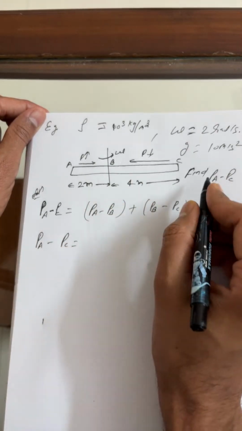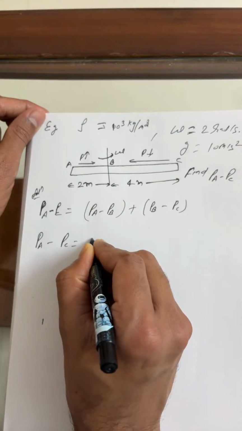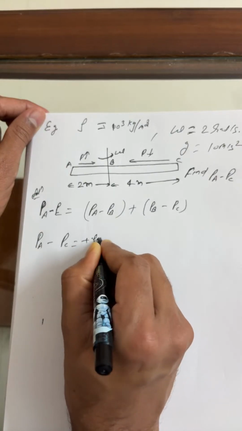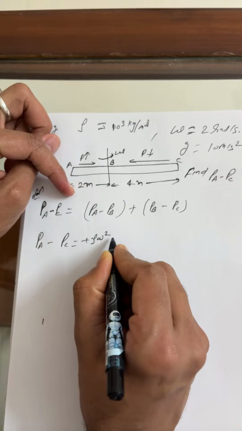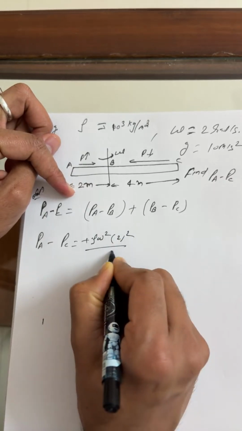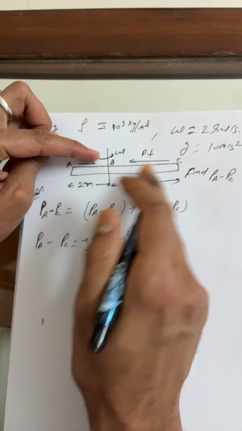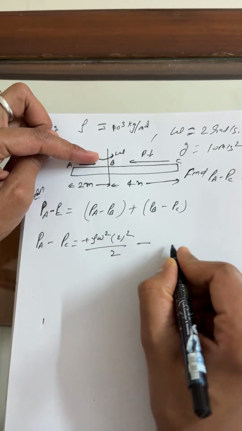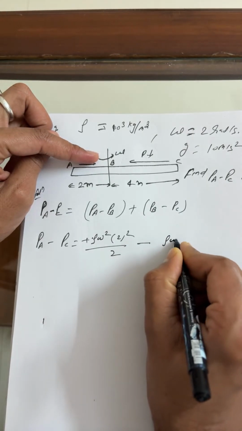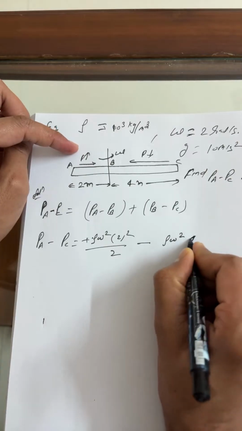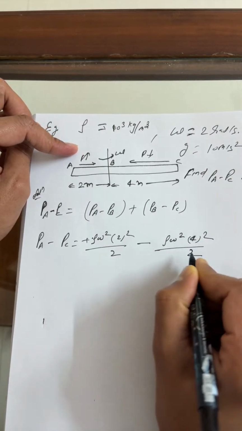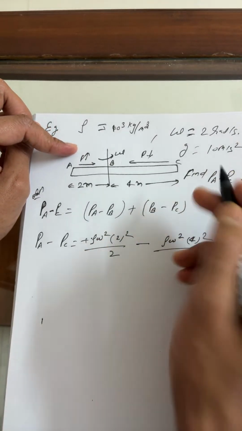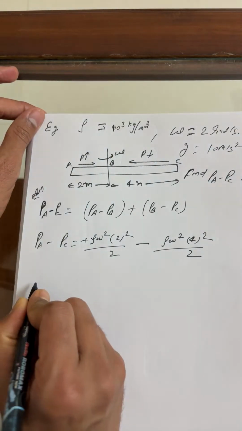So pressure at A, I'll write, is plus rho omega square into 2 whole square by 2, minus, this is decreasing pressure, rho omega square 4 whole square by 2. Omega and rho are common, so I can take them common.